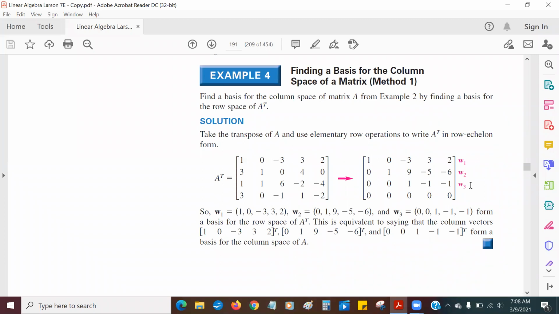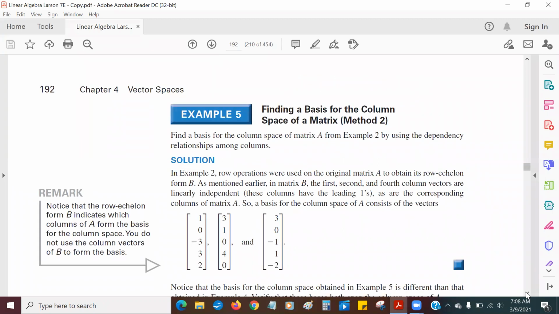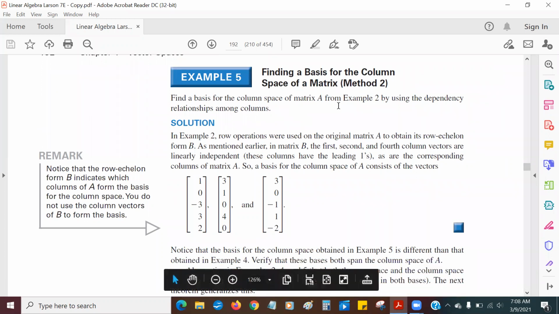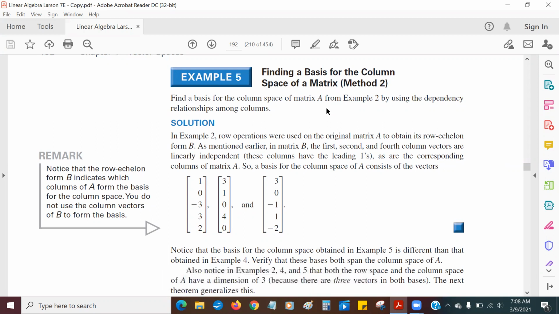Now I'm going to show you method 2, which I personally find more interesting. I'm not saying which way you should do it in terms of practicality, but the concepts of method 2 I find a little more interesting. For method 2, we're going to do all the row operations that we did before.